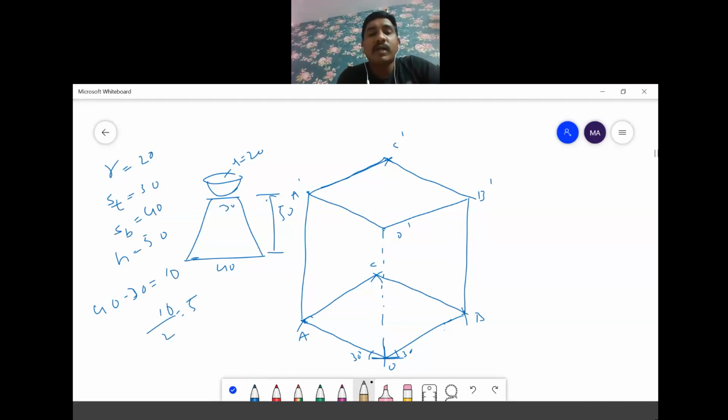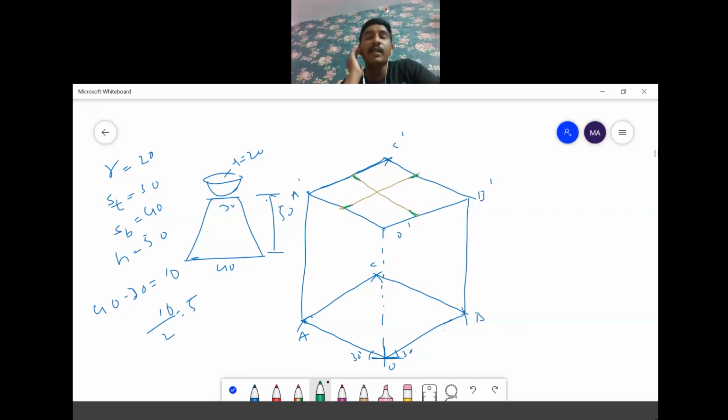First I will mark the midpoints; for 40, the midpoint is at 20 mm. I join these two midpoints, then mark 5 mm here, 5 mm here, 5 mm on this side, and 5 mm on this side.